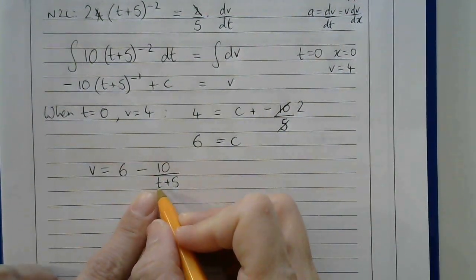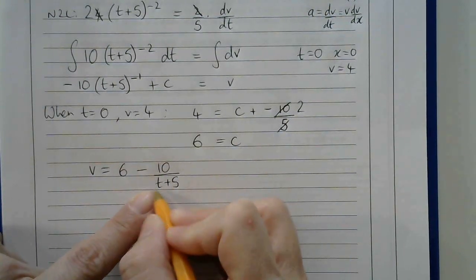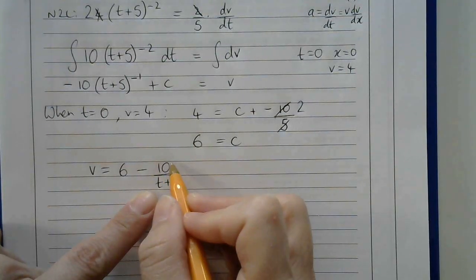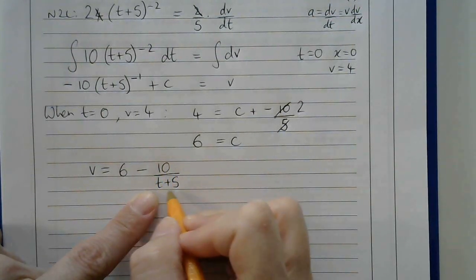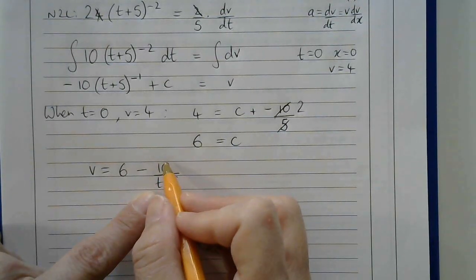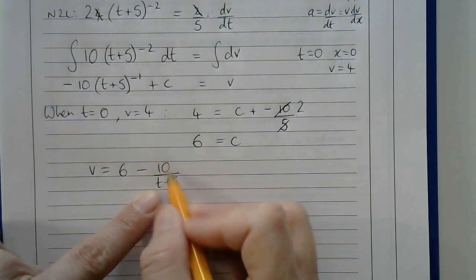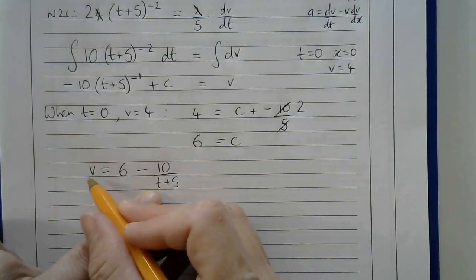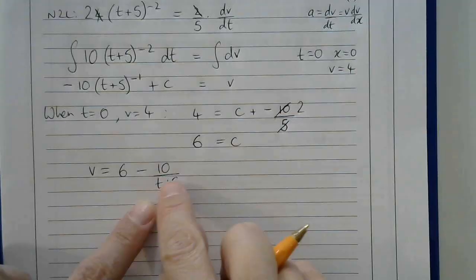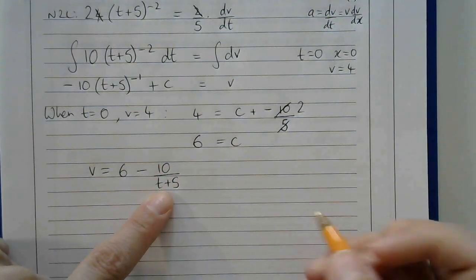When I make t bigger than that, then the denominator will get bigger, which means that the value of this will get smaller, and so I'm always going to be doing 6 take away something, and so v is never going to reach 6. So this depends on the fact that this is always going to be positive.